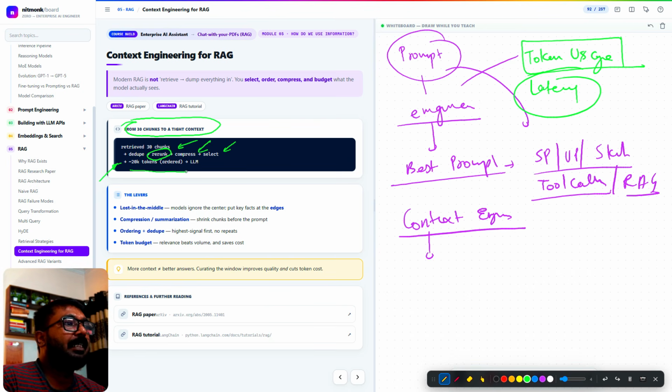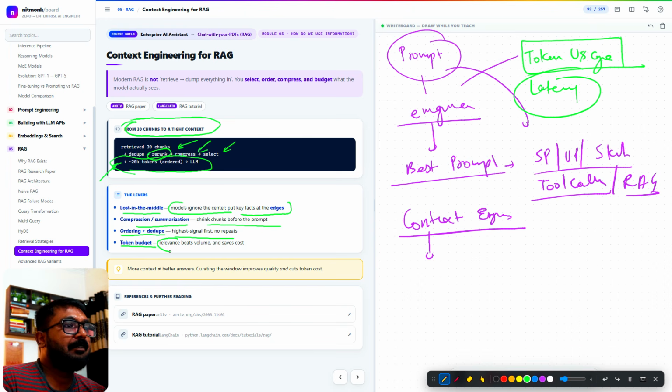There is an order of about 20k tokens, then the LLM gives the answer. That is the generation part. So the levers are: lost in the middle, where models ignore the center, so put key facts at the edges. Compression and summarization: shrink chunks before the prompt. Ordering and dedupe: highest signal first, no repeats.